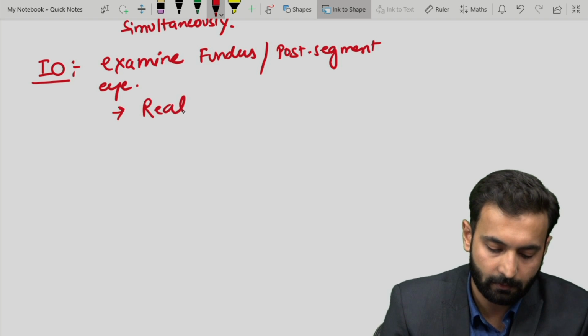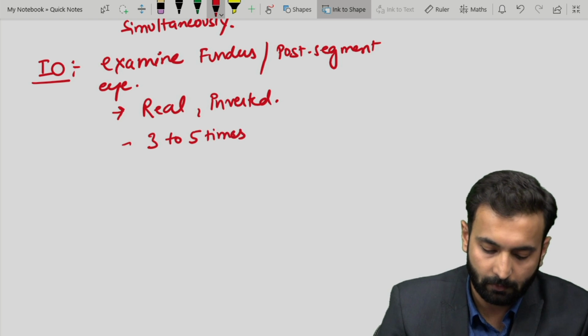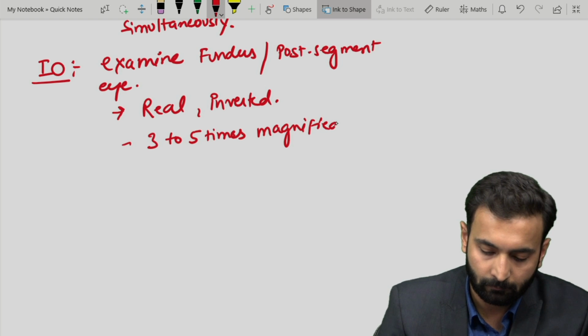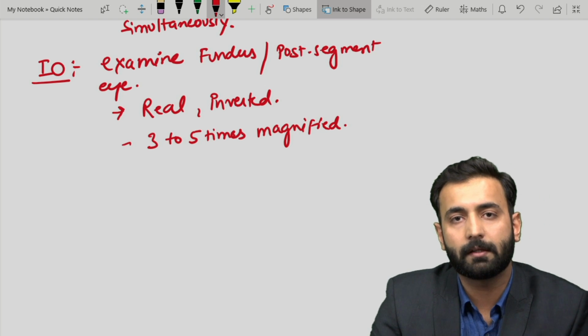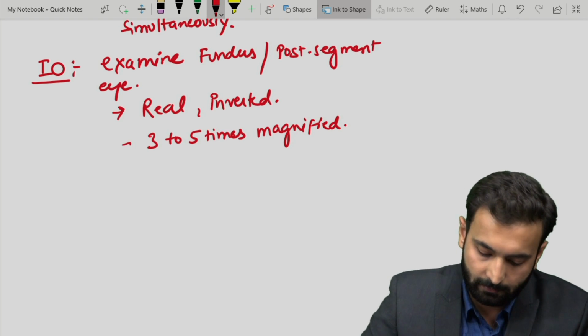Real and inverted image, which is 3 to 5 times magnified, right.